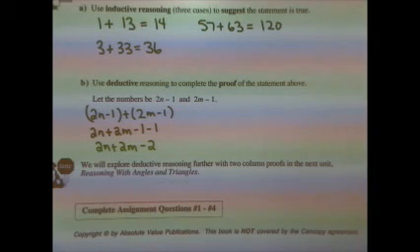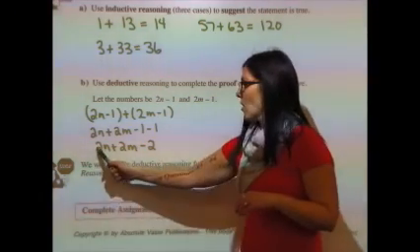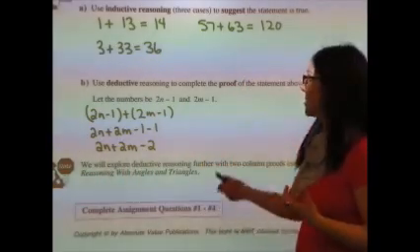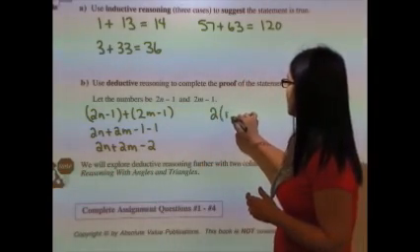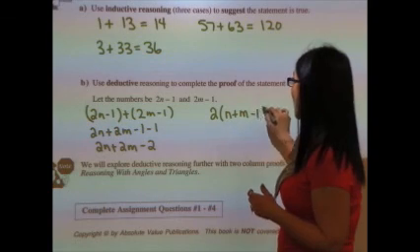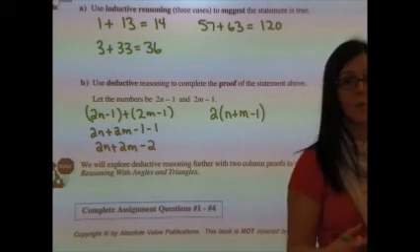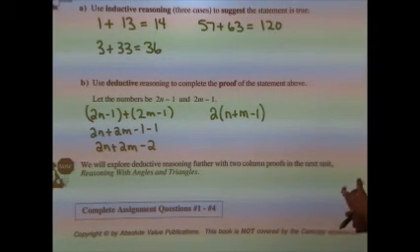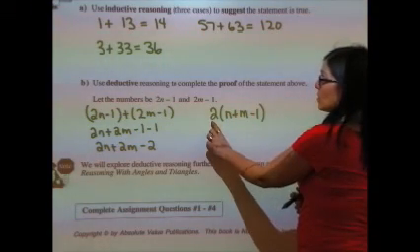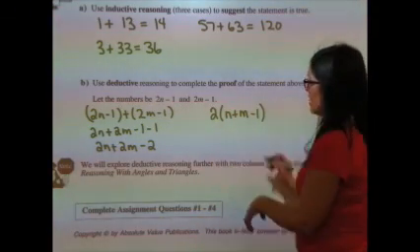What do you notice about all 3 terms? All 3 terms can be divided by 2. So if I factored out that 2, this is what I would be left with. I would be left with this number multiplied by 2.